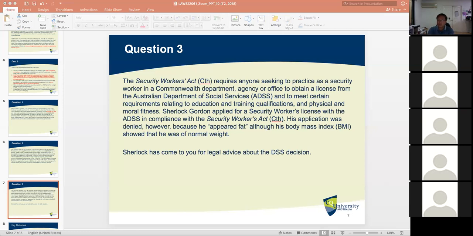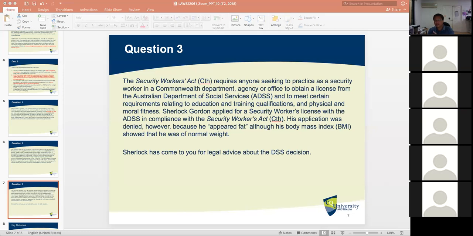But as pointed out by Clinton, under Section 16(1) of the ADJR Act, it is possible to seek a prayer for the Federal Court or the Federal Circuit Court to declare that he does have a right to a license.